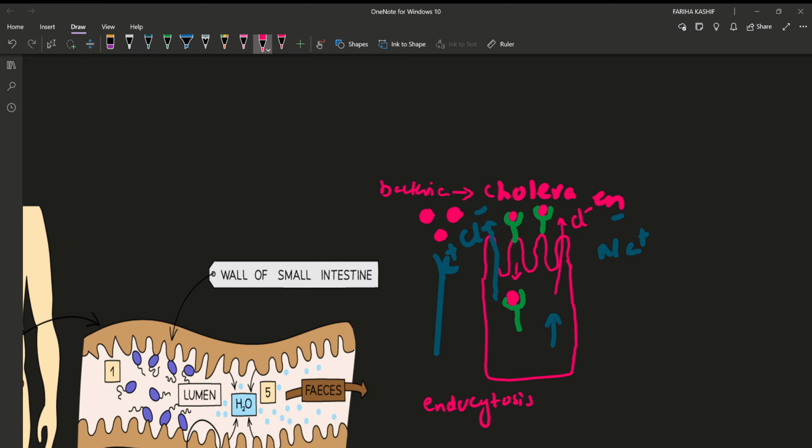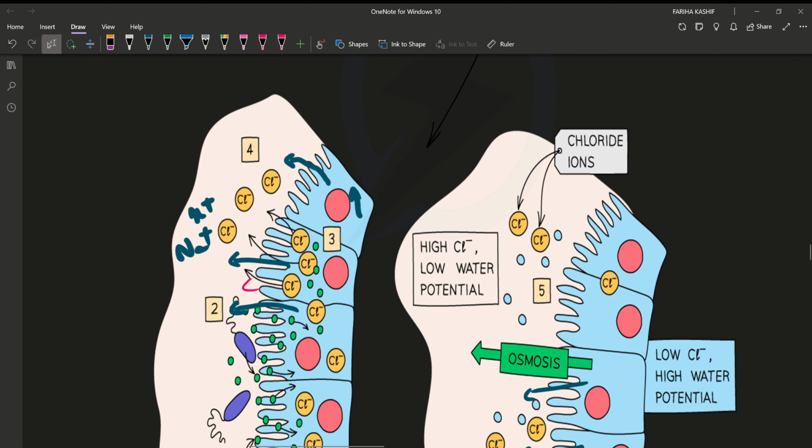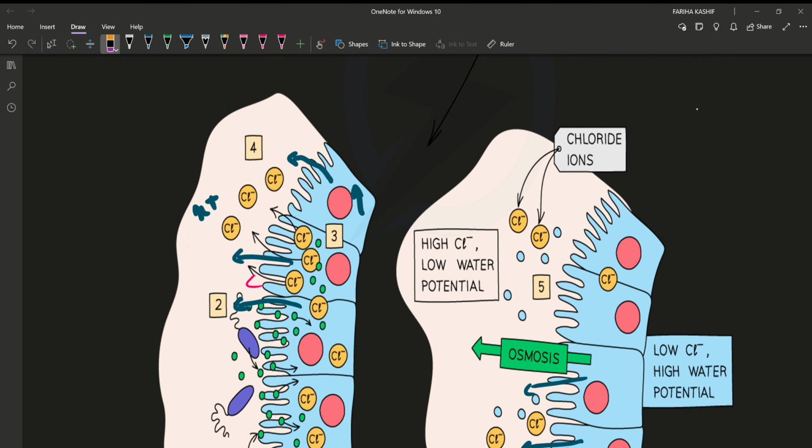When the chloride ions move out of the epithelial cell into the lumen, the water potential of the epithelial cell will increase.